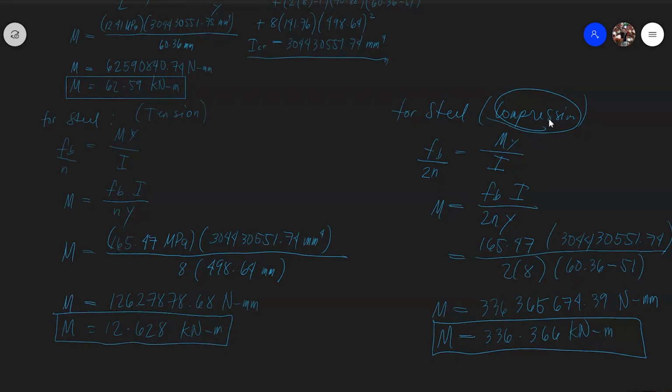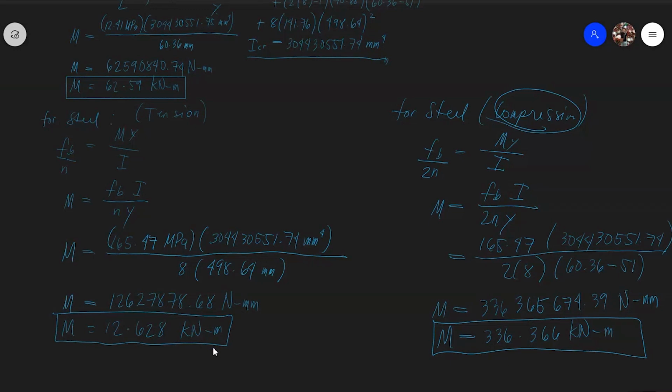If the steel in compression will prevail, the moment will be 336.366 kilonewton meter. Now, out of these three, what remains is the moment capacity of the whole section of the reinforced concrete beam. Which moment will you answer?